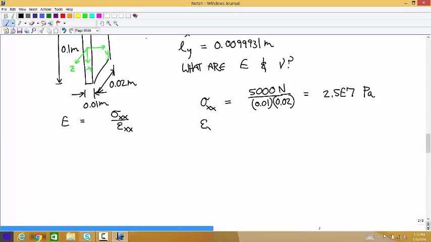Epsilon xx is equal to the deformed length, which is 0.10003, minus the resting length, divided by the resting length. And so here we get a value of positive 0.0003.